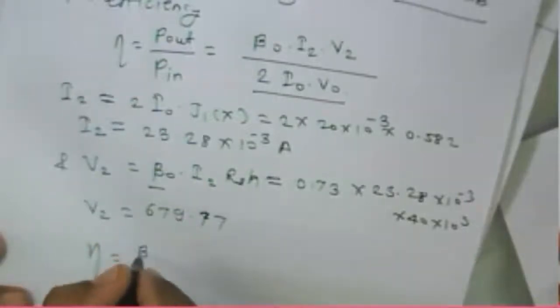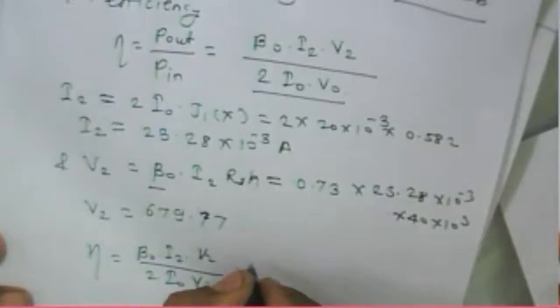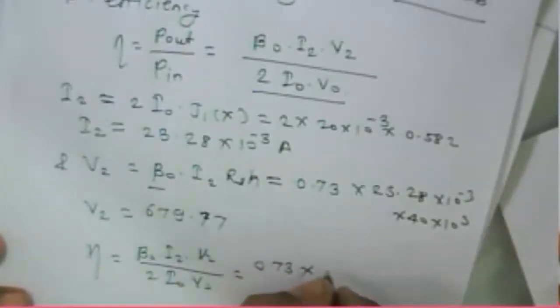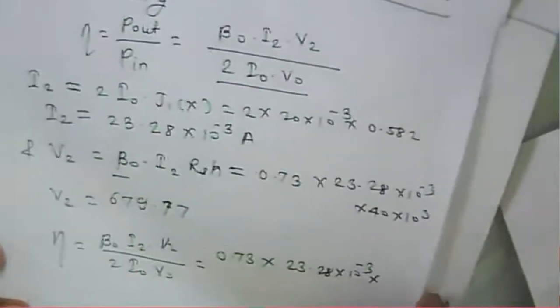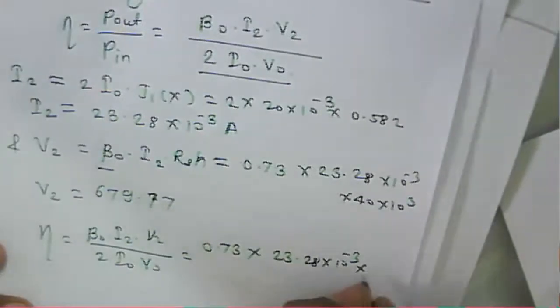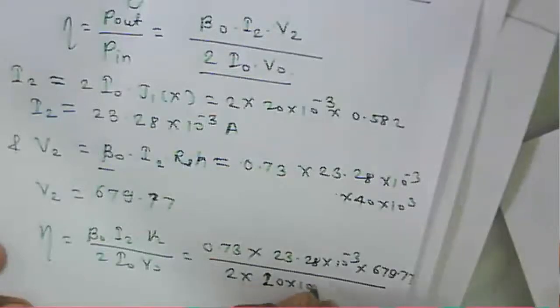Put in the values: beta O I2 V2 divided by twice I0 V0. So beta is 0.73, the I2 value is 23.28 into 10 to the power minus 3, into V2 which is about 679.77, divided by beta I0, which is 22.93 into V0, that is 1000.